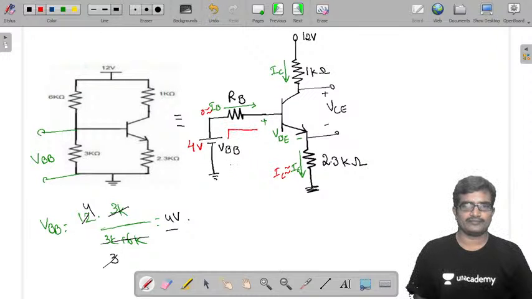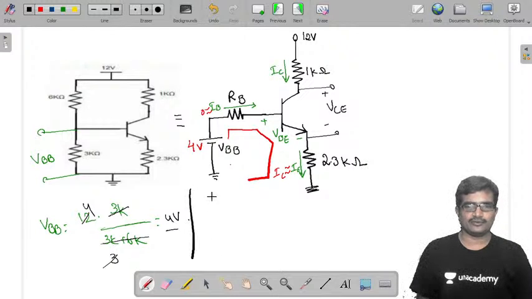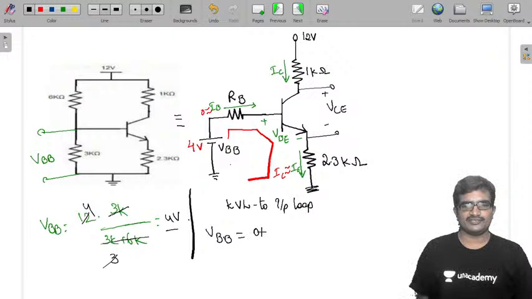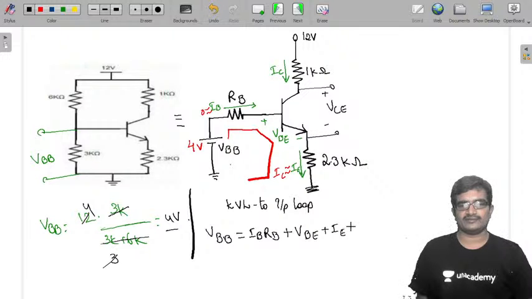Now applying KVL to the input loop: VBB equals IB into RB, no need to calculate RB because IB is approximately 0, plus VBE plus IE into 2.3K.